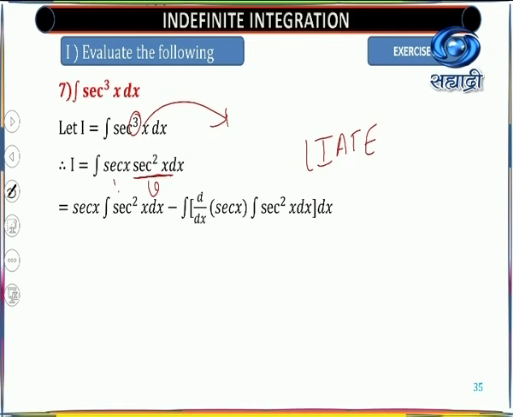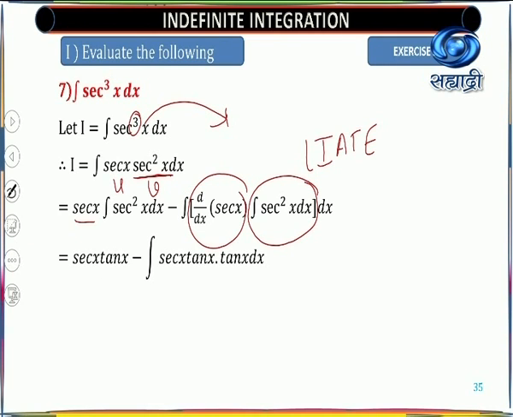In that manner, you know that sec square x is the integrable function, as it is the derivative of tan x. So we'll begin with sec x into the integral of sec square x dx. Whatever is the result of the product of the function is again an integrable function.